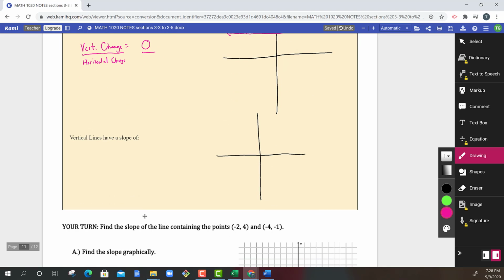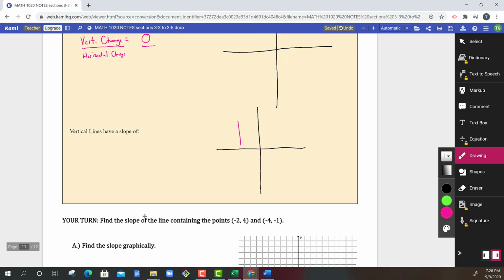Inversely, vertical lines, think about what the vertical change is in this problem. Or really, let's not think about the vertical change. What's the horizontal change? So again, if you just pick any 2 points on that line, is there any horizontal change between those 2 points? There is not.